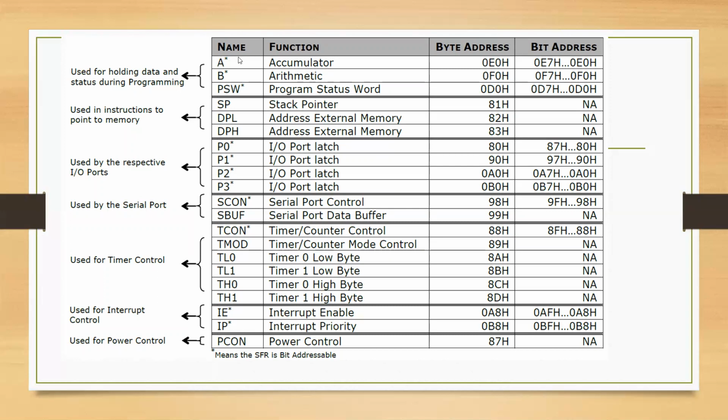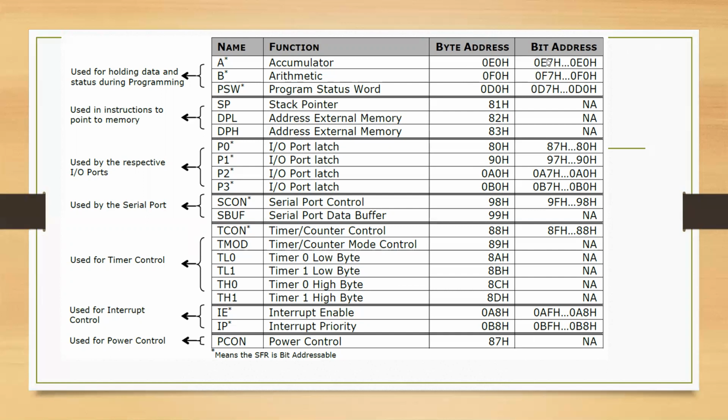Let's take the accumulator register as an example. The accumulator has the address E0. When we give the address E0 for a byte instruction, it accesses all 8 bits together, so for byte operations we use the E0 address. Also, each bit of the accumulator has its own address, E0 to E7, since the accumulator is an 8-bit register.